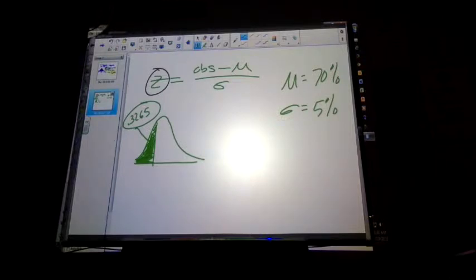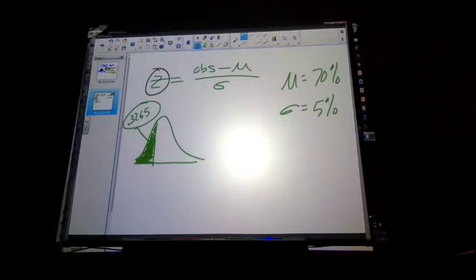Is 0.3264 pretty close to 0.3265? Could somebody tell me what the z-score of 0.3264 is? It's down towards the bottom center. Negative 0.4 what?